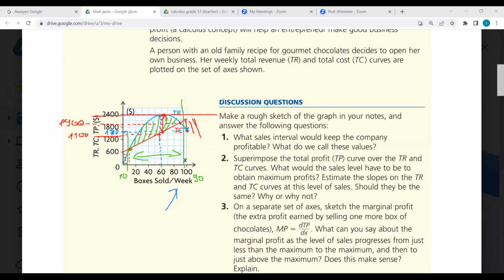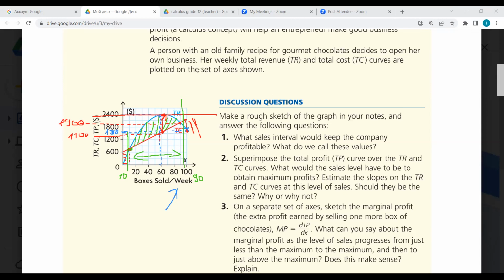Wait, so the cost is the red line? I just realized, like how much it costs to buy the chocolate? No, total cost means cost of production. Here, a person with an old family recipe for gourmet chocolates decides to open her own business.